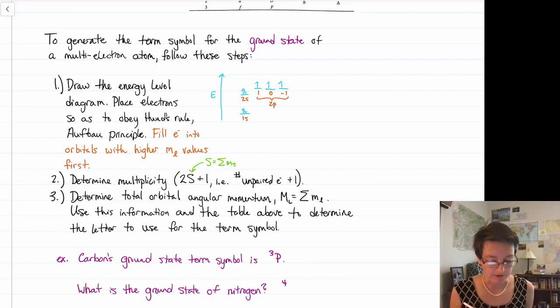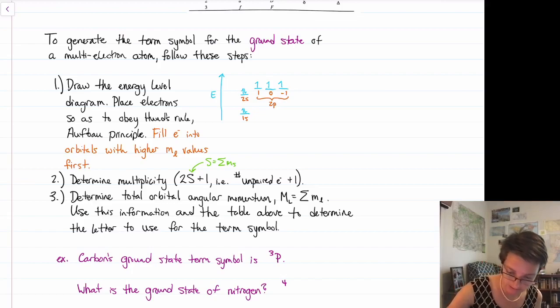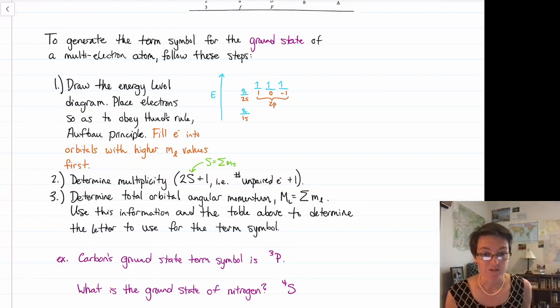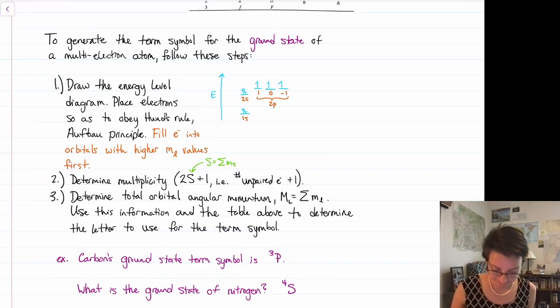My m sub L values, when I sum them up, now I have 1 plus 0 plus negative 1. That gives me a total value of 0, which corresponds to the letter capital S. And so this will be nitrogen in its 4S state. Or, if you like, quartet S state.